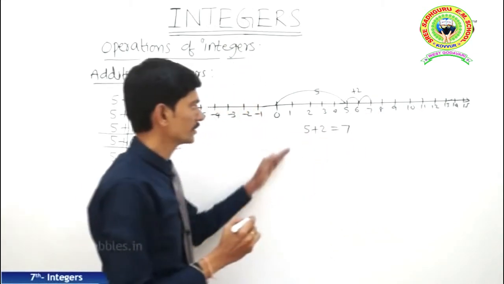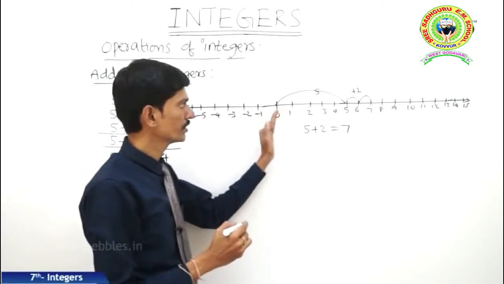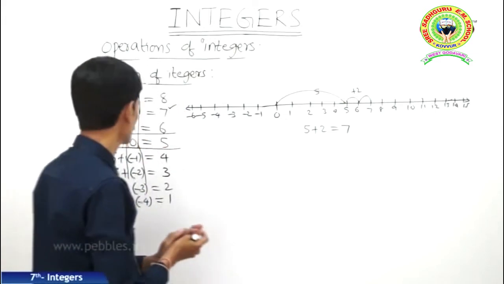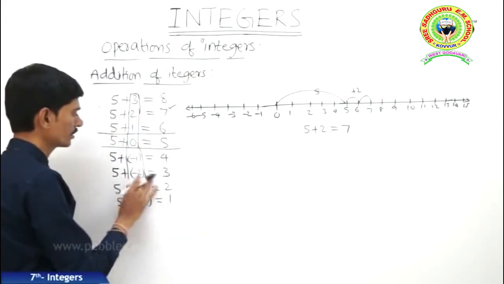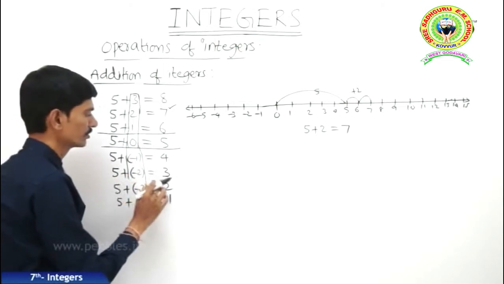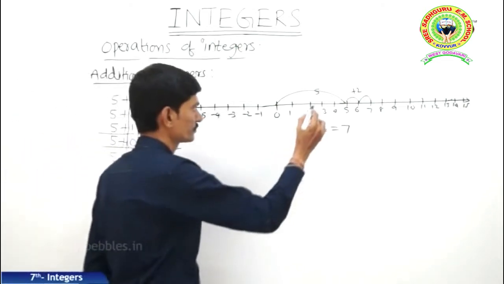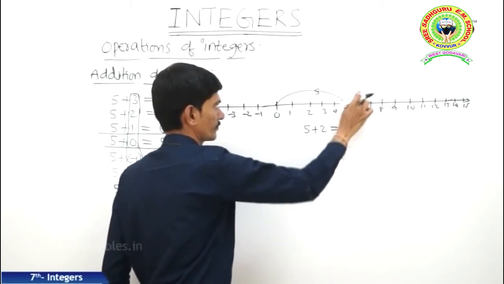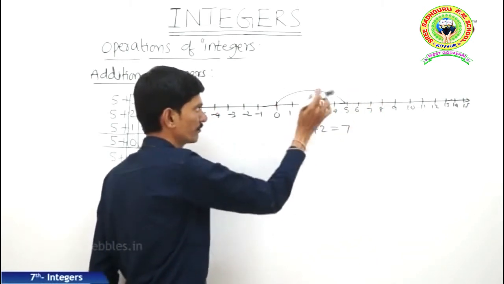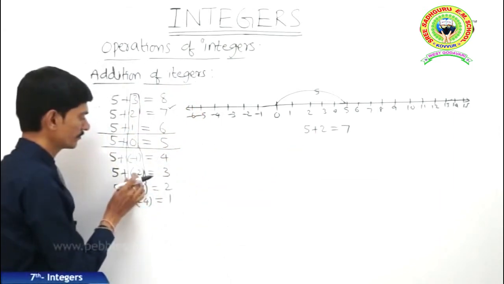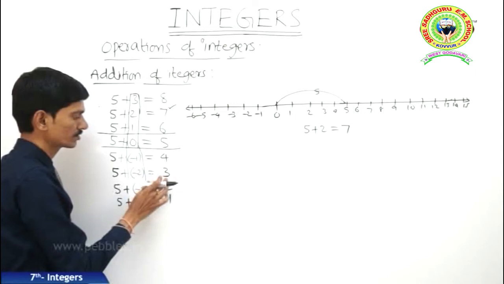So when you add a positive integer, we move right on the number line. And if you take a positive integer and a negative integer, 5 plus minus 2, first 0 to 5, then minus 2. What is the result when minus 2 is added to 5? The result is 3.